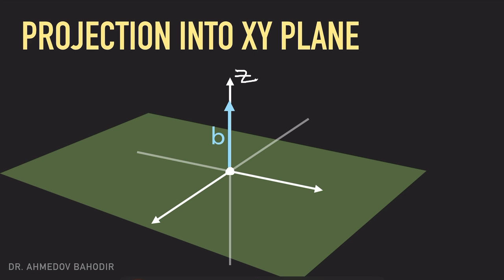If you are given the matrix P, which projects any vector onto the xy plane, and a vector along the z-axis, its projection onto the xy plane is going to be simply the 0 vector.